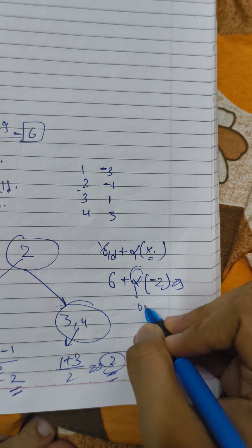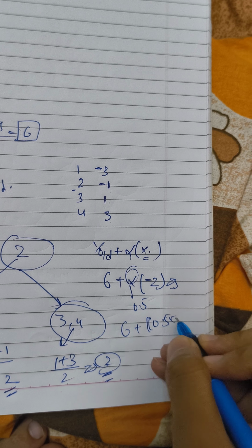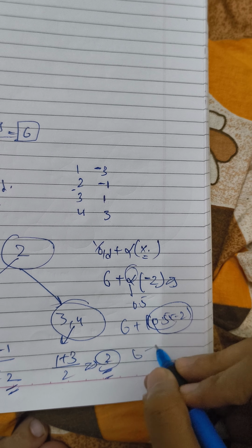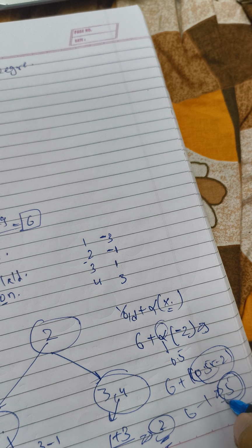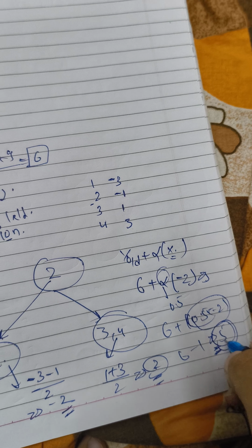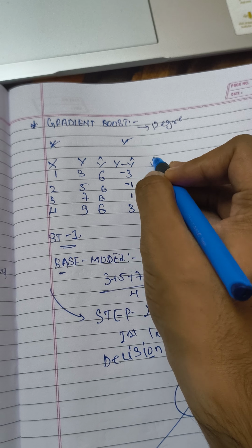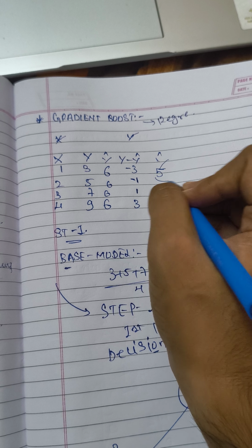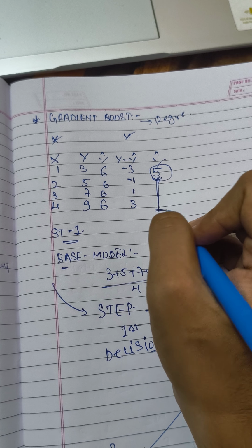Suppose I take 0.5 as my value, so it will be 6 plus 0.5 into minus 2, that is 6 minus 1, which is 5. So my new model prediction for the first x data point comes out to be 5. So let me write it here. My new prediction comes out to be 5. Similarly, for all the cases, the y prediction is calculated.